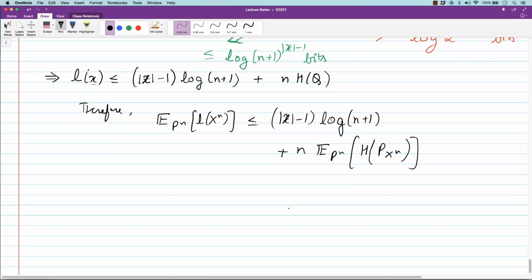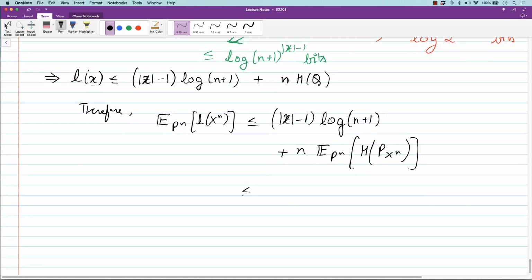Okay. So once again we will use the concavity of H to take the expectation inside. So what we get when we do that is H of the expected type under P^n. That's an interesting quantity.